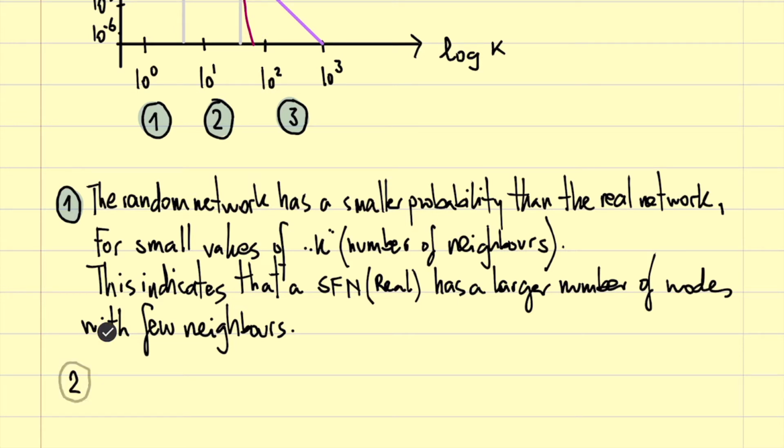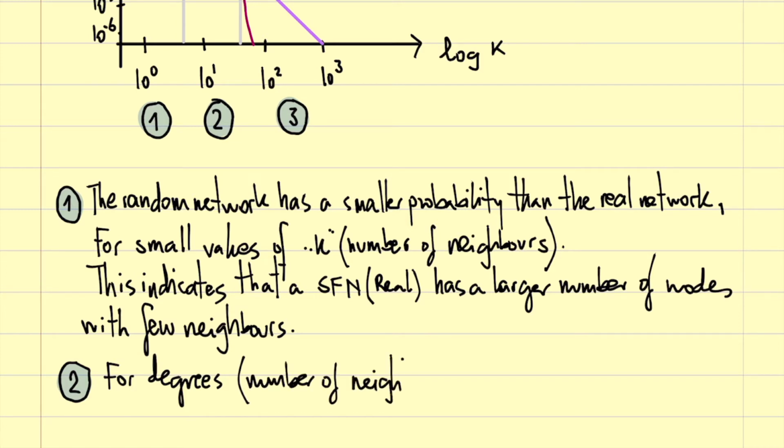Okay. The second area is the area for networks for degrees, number of neighbors. Okay.